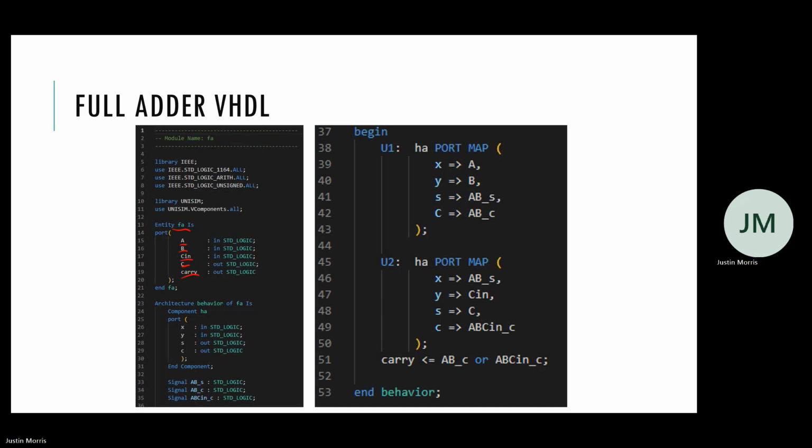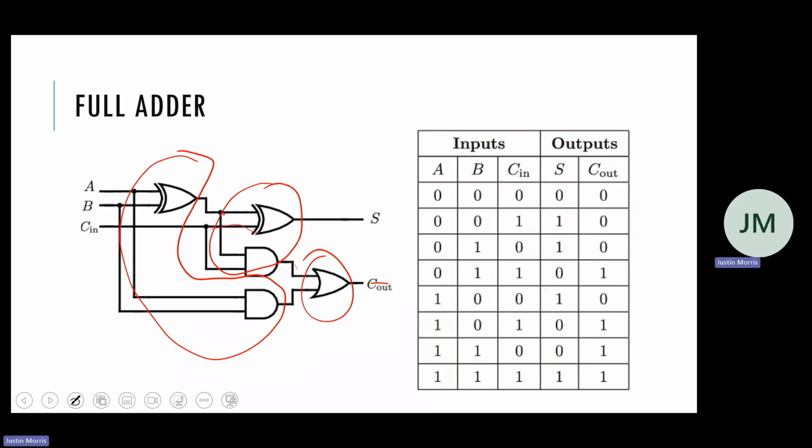But you have the two half adders. This one is summing A and B, and the sum is going to AB sum. So it's an internal wire, AB sum. So if we go back to here, this is AB sum, that wire, right?